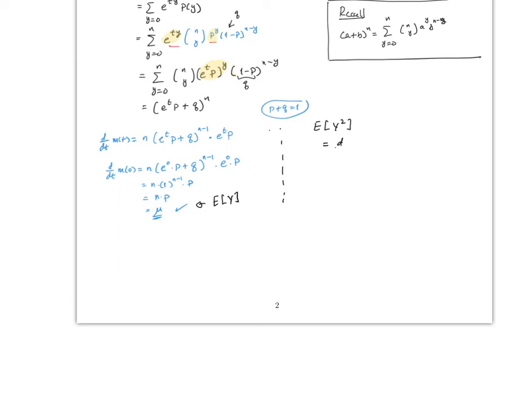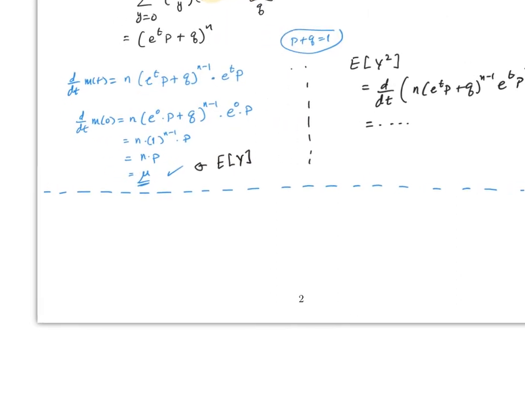This will be the derivative with respect to t of the first derivative. The first derivative was equal to n e to the t p plus q, and since you have a product, you have to use the product rule and the chain rule. So just give it a try. That should give you the answer.